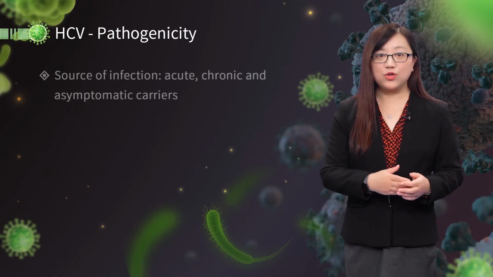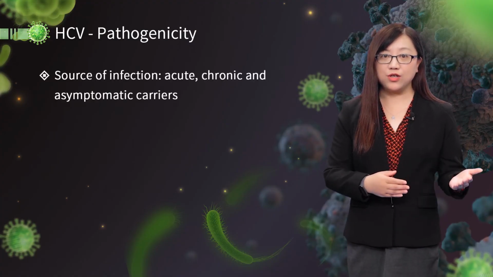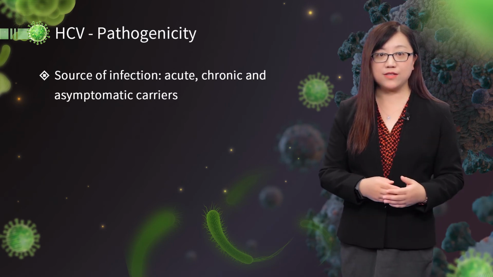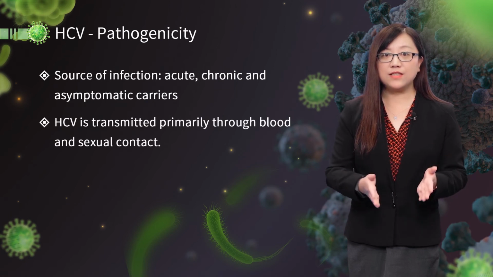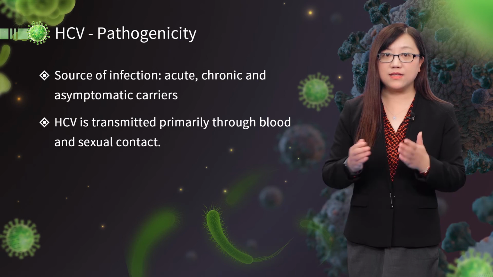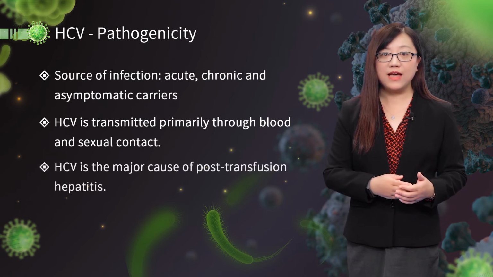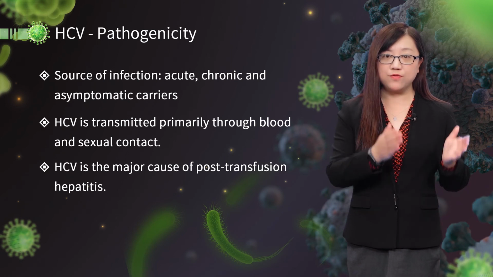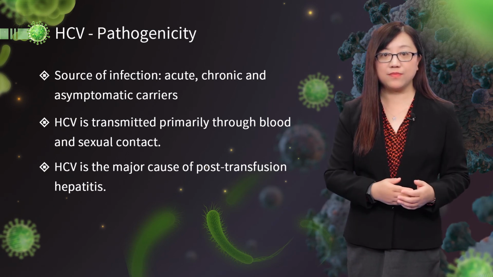Pathogenicity. Source of infection: acute, chronic, and asymptomatic carriers. HCV is transmitted primarily through blood and sexual contact. HCV is a major cause of post-transfusion hepatitis.